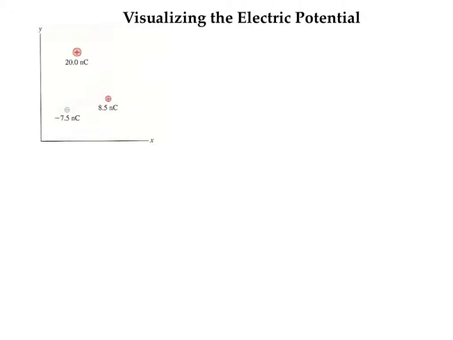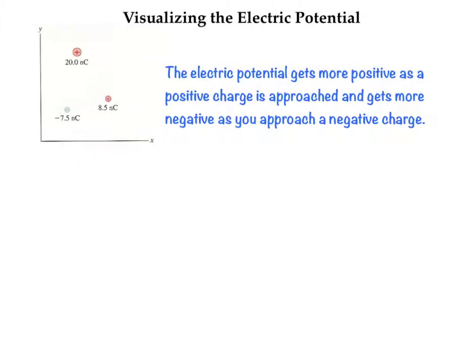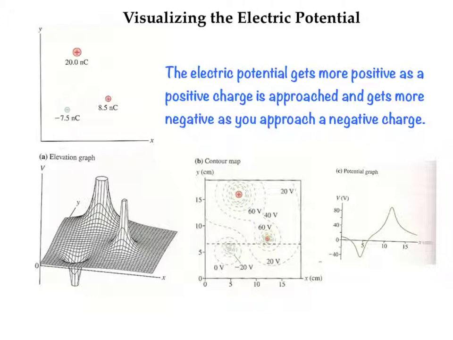We'd have to do work to bring a positive movable charge closer to a fixed positive charge. So the electric potential gets more positive as a positive charge is approached and more negative as you approach a negative charge. From this, we can visualize electric potential three different ways.